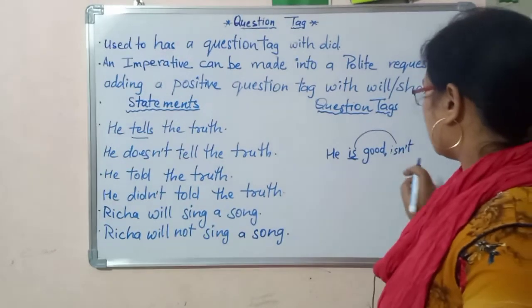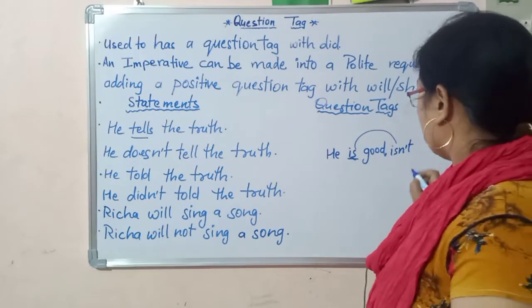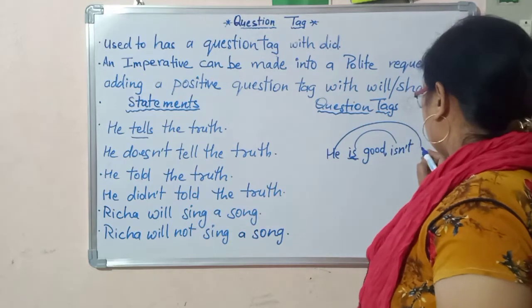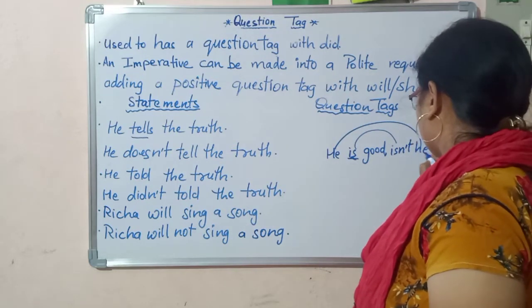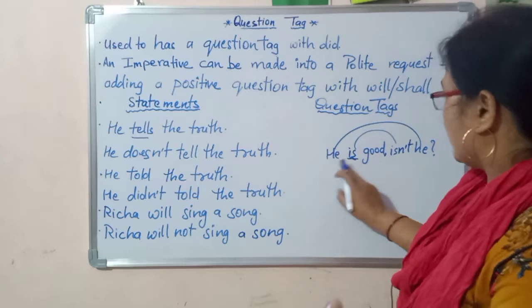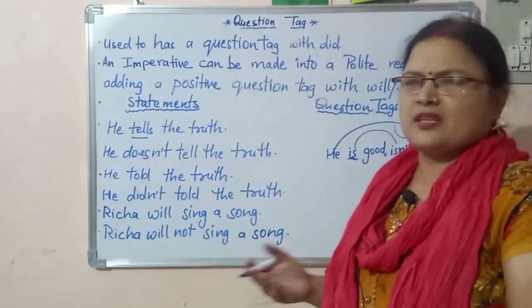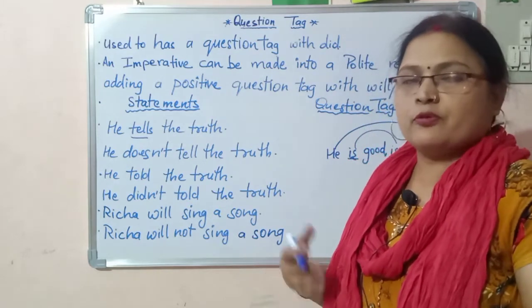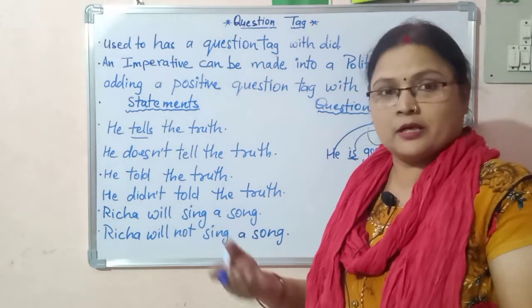We will use isn't, not is not. After that, we write the same pronoun here and a question mark. He is good, isn't he? That means, in simple language, we always use it when we want to confirm with the listener.